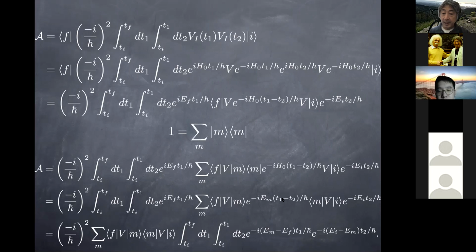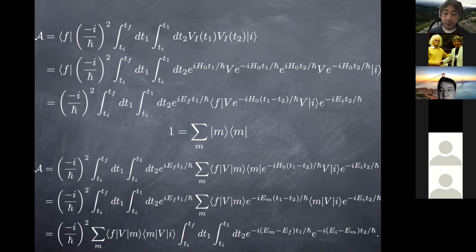And now that all the time dependencies of this integral turn into these exponential factors, this is all the integrand I need to think about in terms of time integrals. And all the operators are now contained in this matrix element, as I said, from initial state, intermediate state to the final state. So I'm supposed to carry out this time integral, just like what we did with Fermi's golden rule at the first order in perturbation theory.